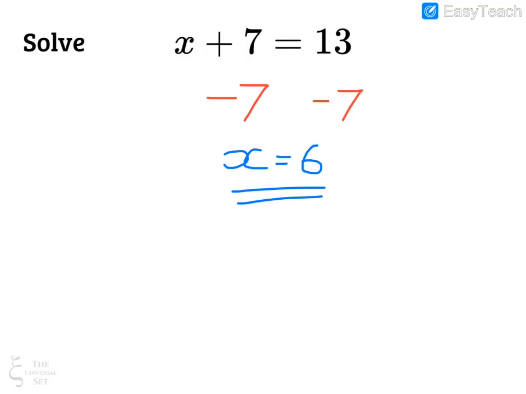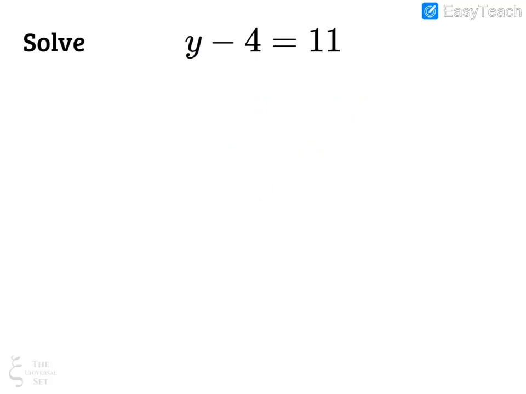Okay, another example. We've got y minus 4 equals 11. So something, take away 4, equals 11. We are asked to solve that, so that means we're going to need to find the value of y. Let's first of all look at what is the opposite of subtracting 4. The opposite of subtracting 4 is adding 4. Good.